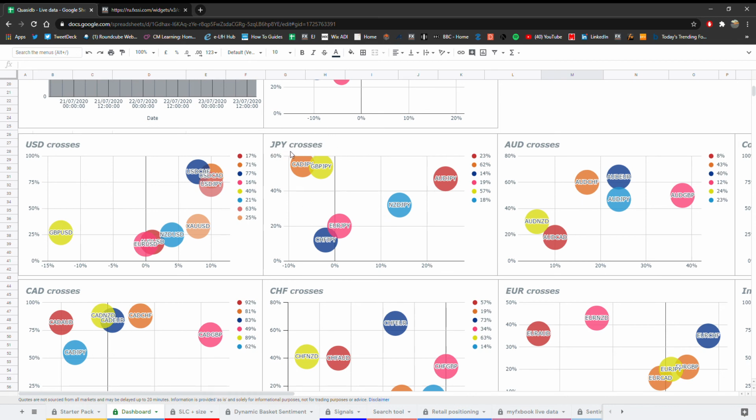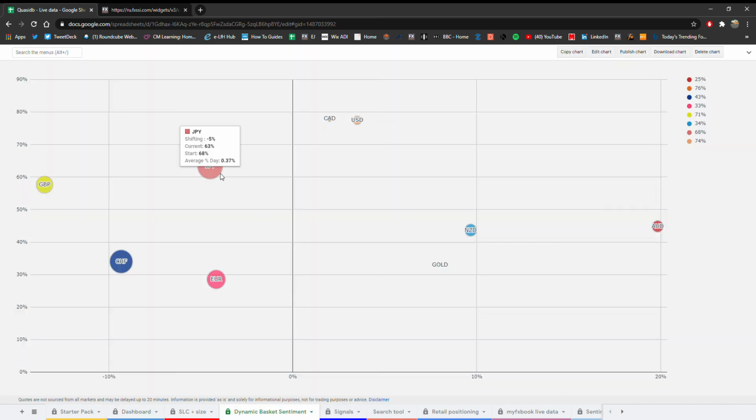So it's a strong sell. We see it quite mixed here. So the Aussie yen is a strong sell, for example, but the Swiss franc yen is a strong buy. So slightly mixed, and that's why the yen bubble is where it is. It's in the mixed. That's mixed, and this is mixed. Now this is strong buy, and this is strong sell.